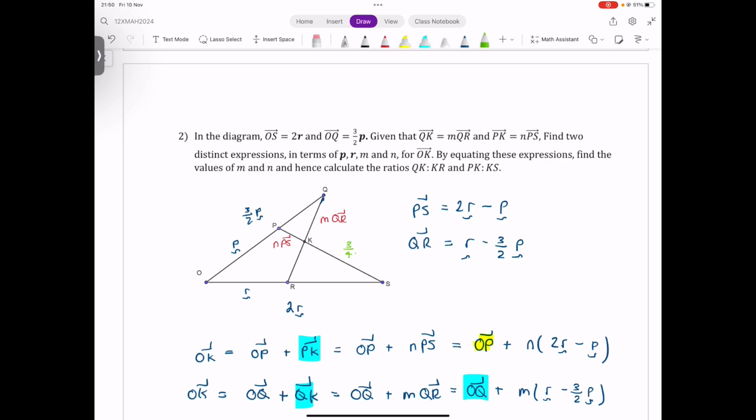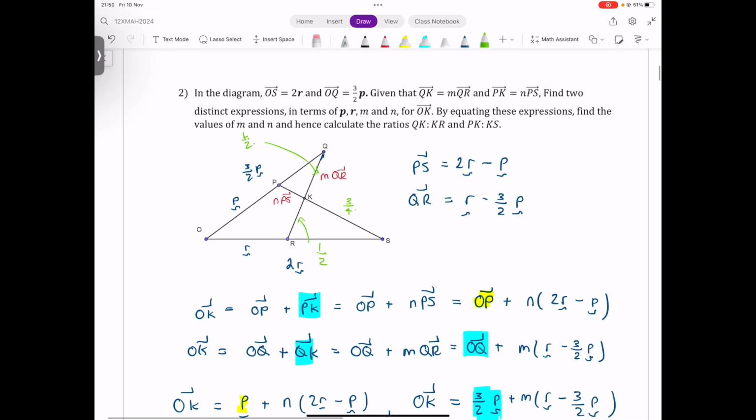Have a look at our second ratio, which is our M. Now we figured out M was 1/2. So again, no matter the size of the vector, the ratio is still going to be the same. It's always going to be a half. So if QK is a half, that would mean QR is the whole vector, so KR has to be 1 minus a half, which is a half again.